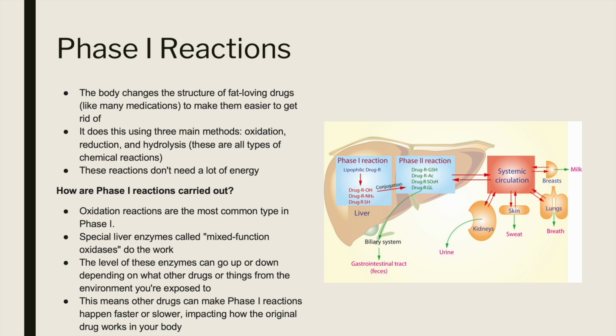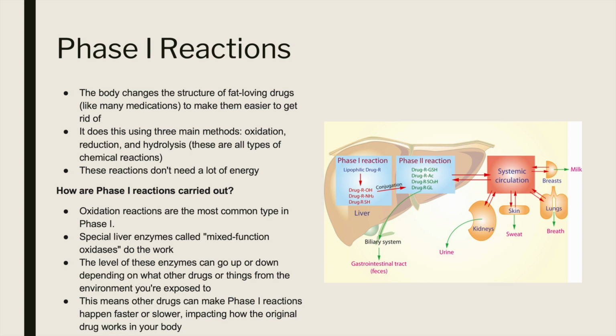The way we do this is through 3 main methods: oxidation, reduction, and hydrolysis. These are all different chemical reactions that don't require a lot of energy in order to happen. So how do phase 1 reactions work? Oxidation reactions are the most common type.